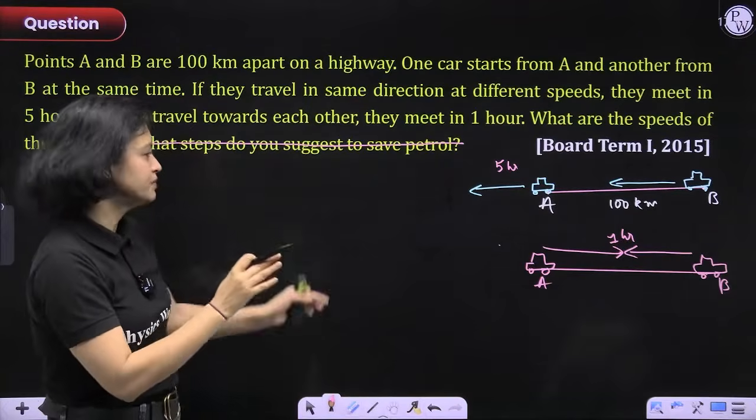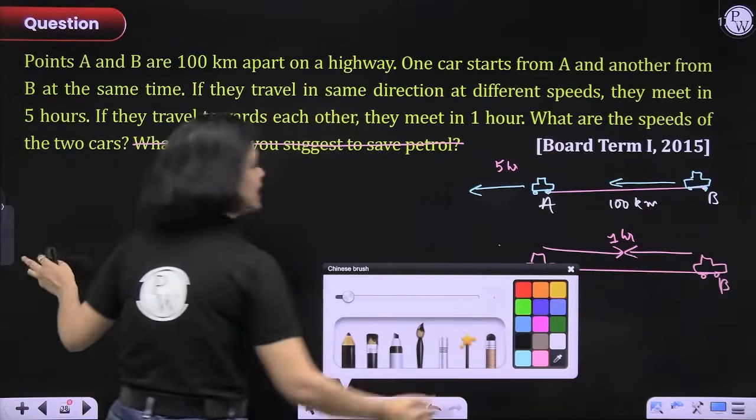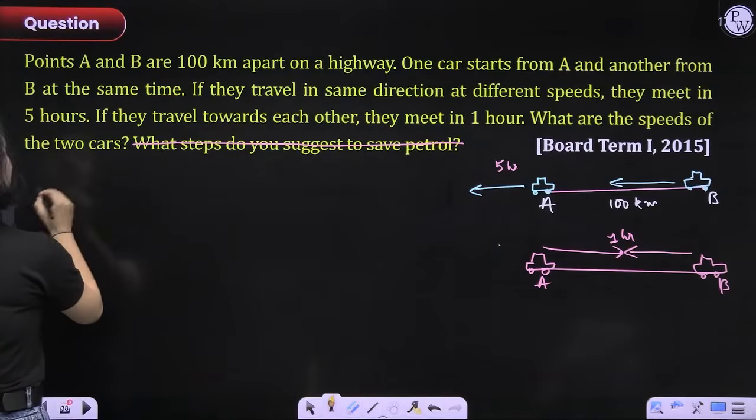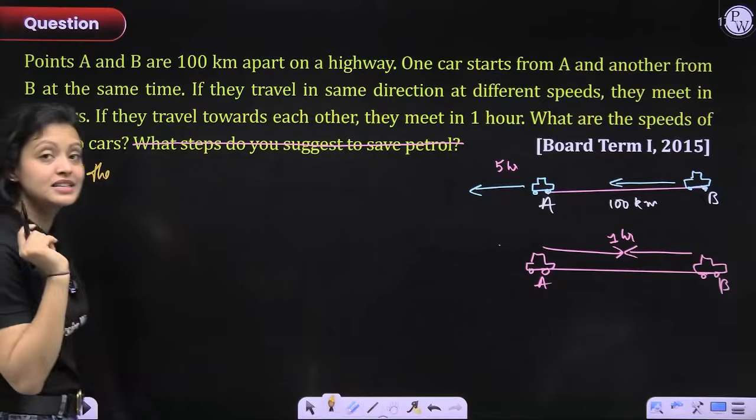Now, first of all, let's start with the basics. Let's start with what everyone will write in their copy first. Let the speeds of A and B be X and Y respectively, because those are the unknown quantities being asked from you.